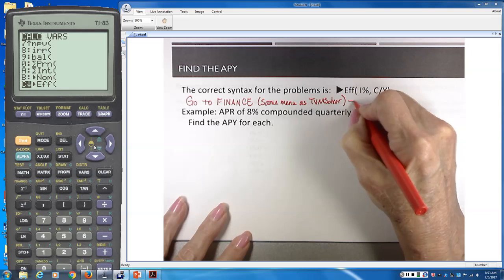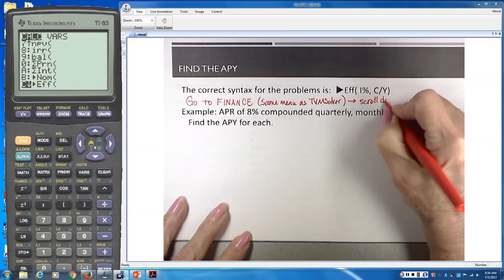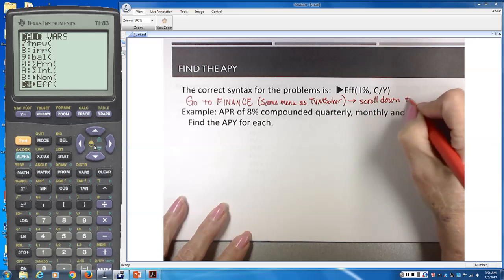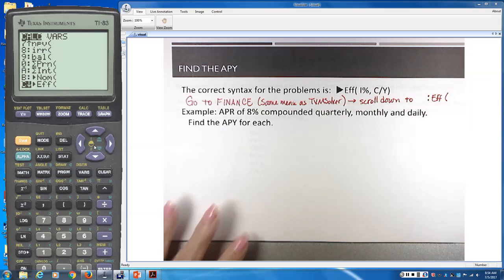And then scroll down to EFF parenthesis.